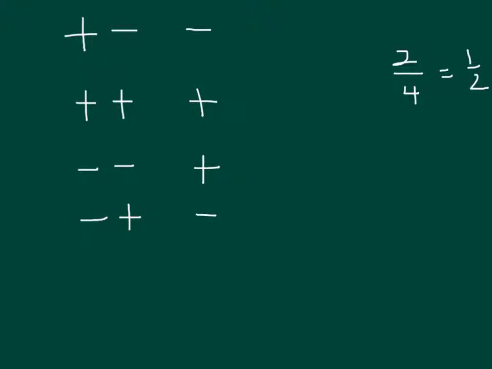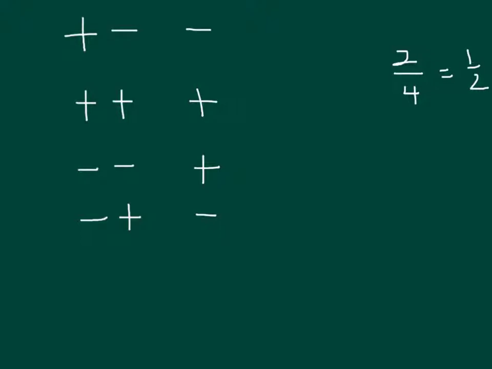Now, can you see a pattern here? Look at this. We had a minus and a plus that became a minus, a plus and a minus that became a minus. How many negative signs did you see in those two instances? Yes, there's one here, and you ended up with a negative. There's one here, and you ended up with a negative.